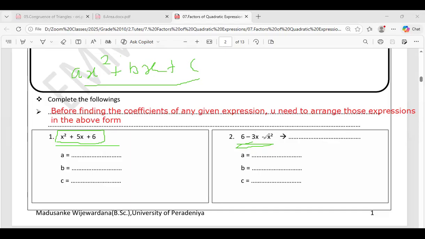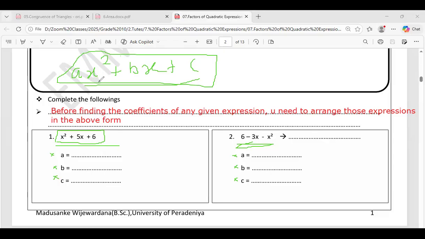First of all, I need you to try to identify these A, B, and C by looking at this form. I'm not going to tell you anything, but you need to try by yourself.